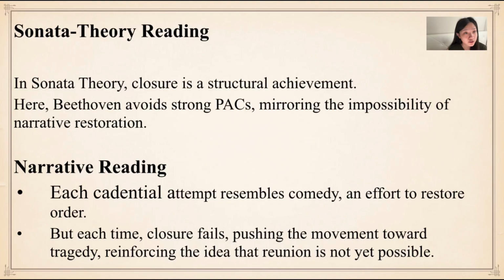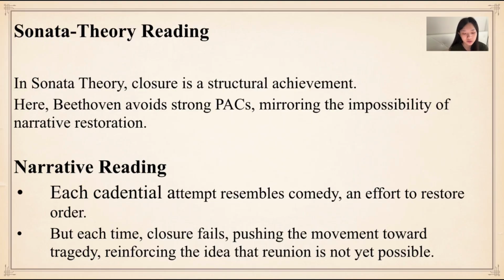In sonata theory, strong PACs represent structural achievement and restoration of order. But in this movement, Beethoven avoids giving us that kind of closure. This avoidance reinforces the idea that restoration is impossible or at least deferred.